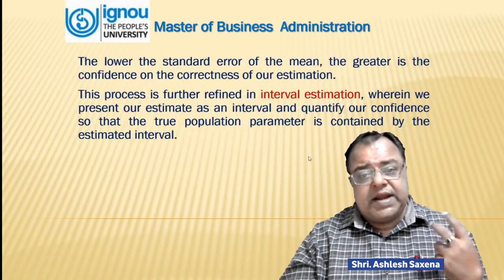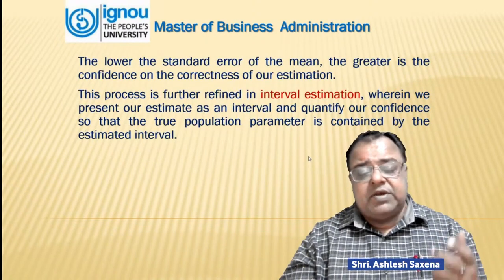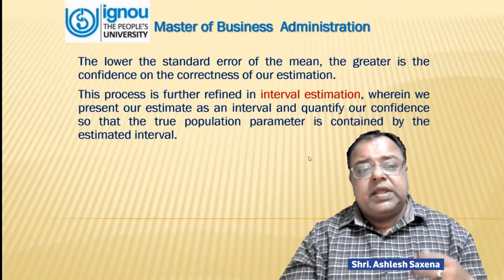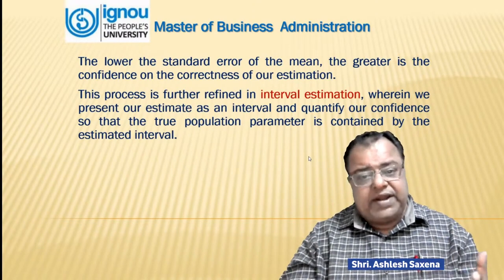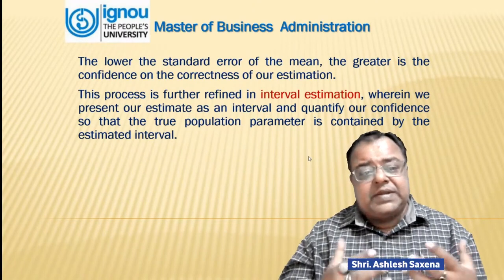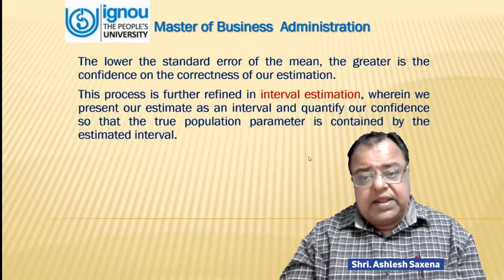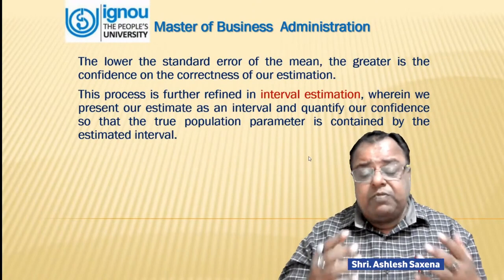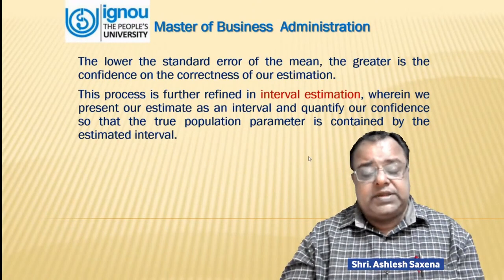The lower the standard error of the mean, the greater is the confidence or the correctness of our estimation. This process is further refined in interval estimation, wherein we present our estimate as an interval and quantify our confidence that the true population parameter is contained by the estimated interval.